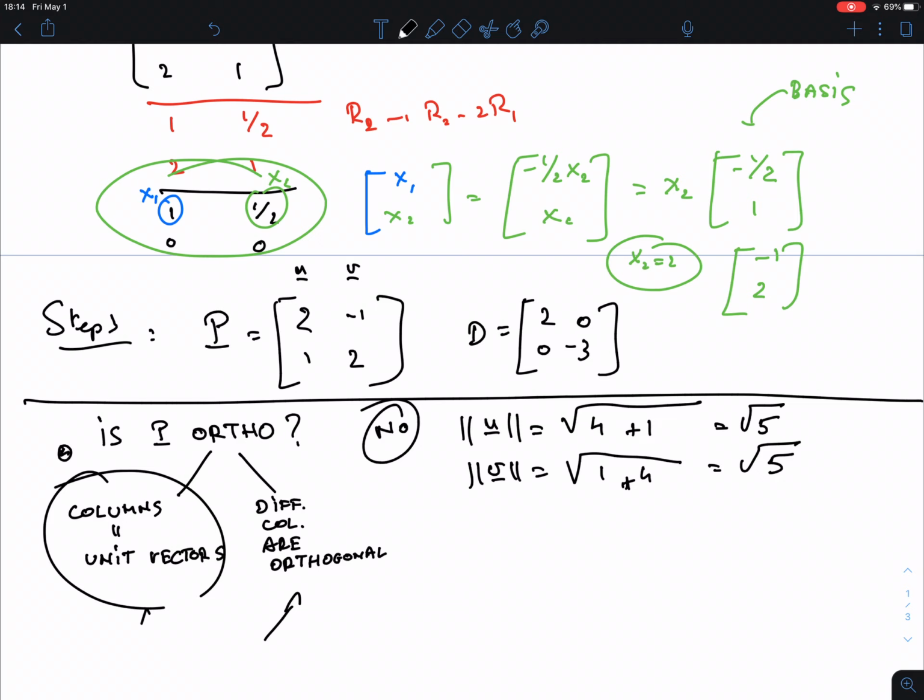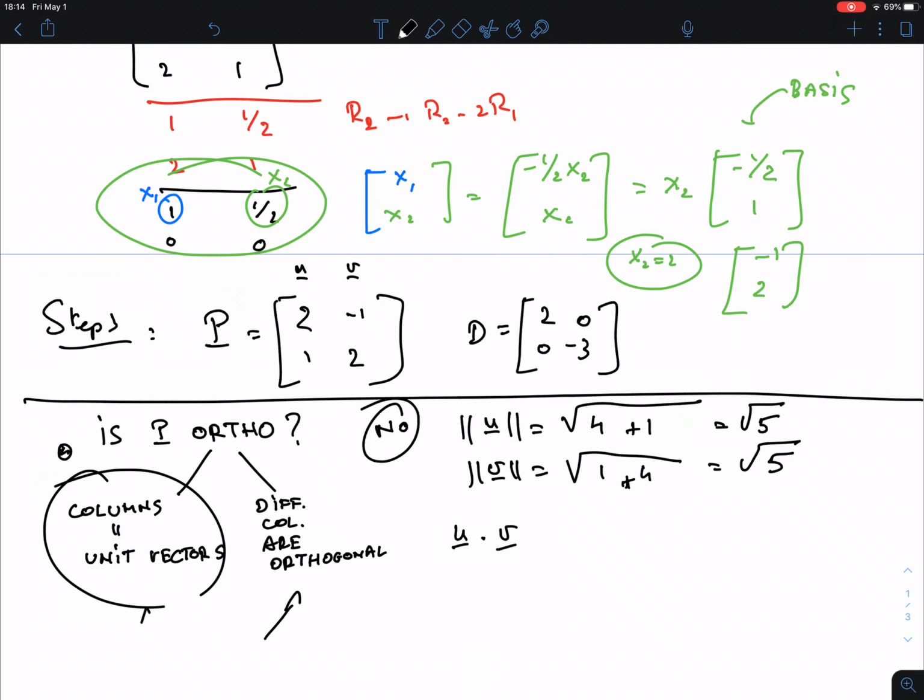Well, if you verify, you see that u times v, the dot product, is 0. Just check it out: 2 times minus 1 plus 1 times 2. That's 0. But we knew this. From the previous video, I said that if you take eigenvectors with different eigenvalues, then they are orthogonal.